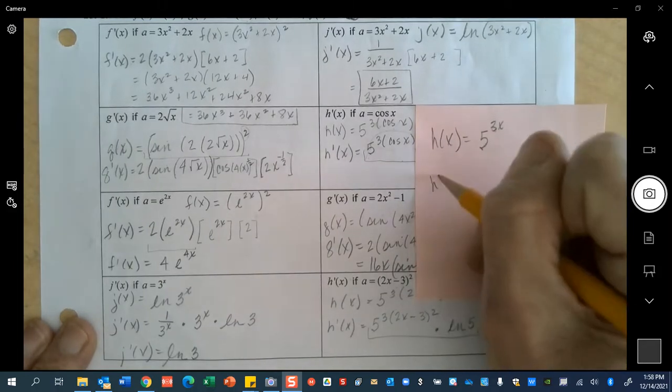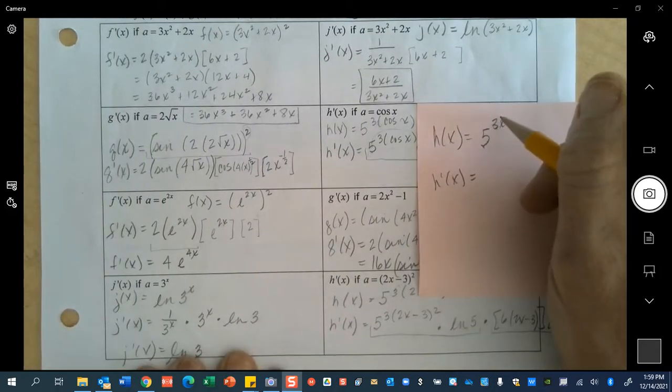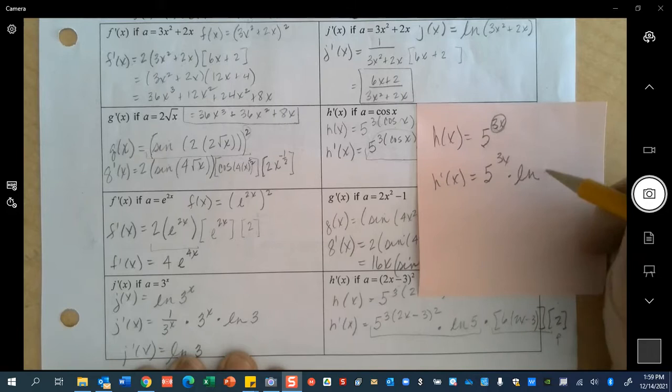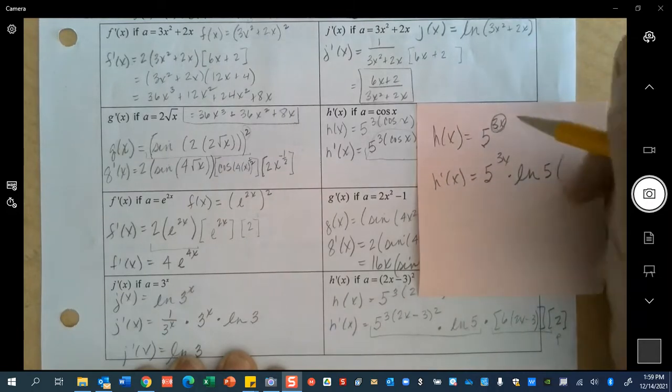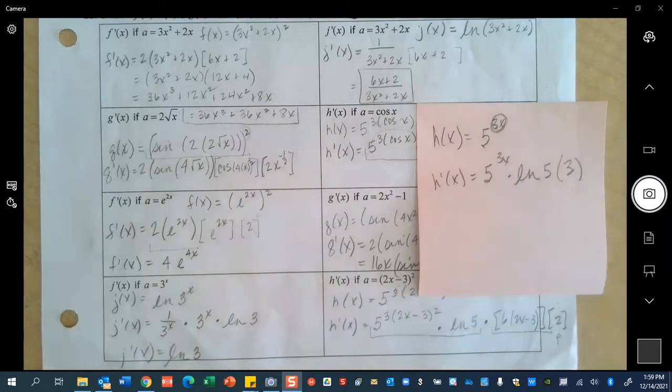So your derivative would be 5 to the 3x times the natural log of the base. And then you have to take the derivative of what's inside. So that would be 3. So if I had a y there, it would be 3 dy dx. Okay?